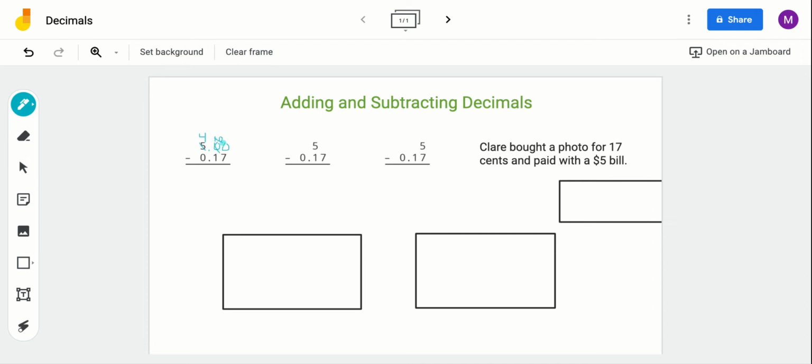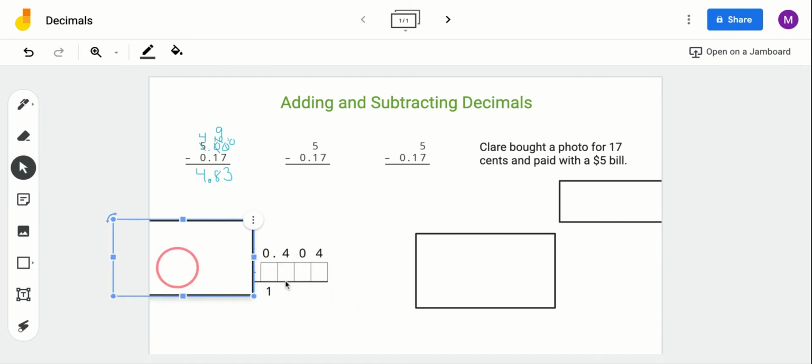Now I'm going to take one of those tenths away from there, unbundle it to make 10 hundredths. And now I can do my subtraction. 10 minus 7 is 3. 9 minus 1 is 8. And so we would have $4.83 left.